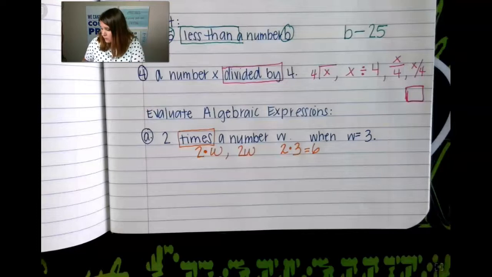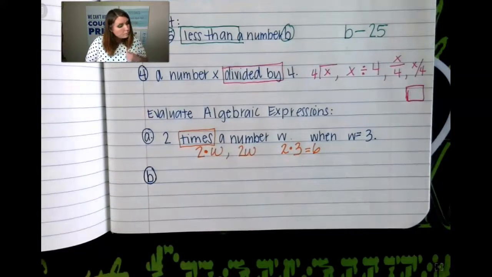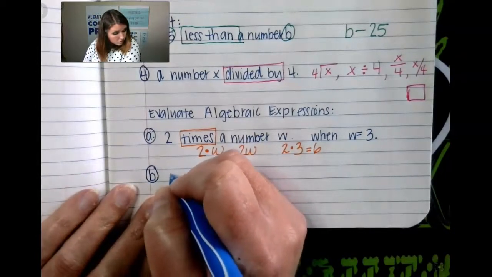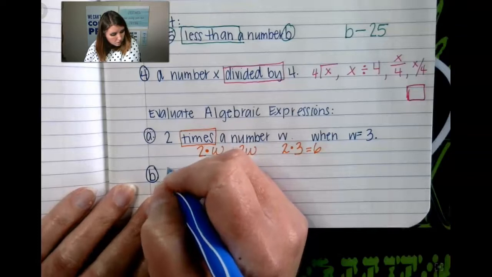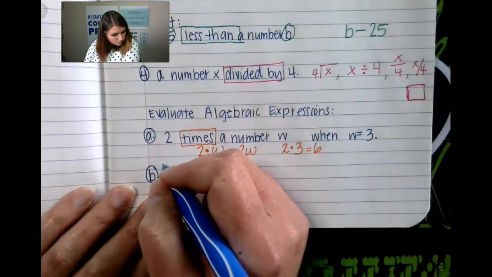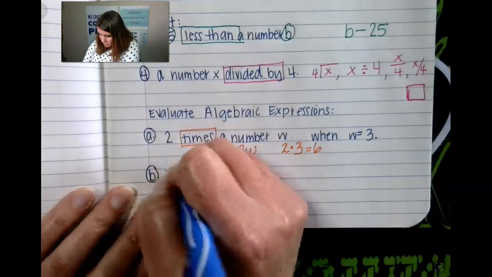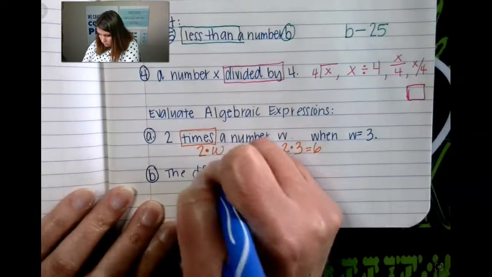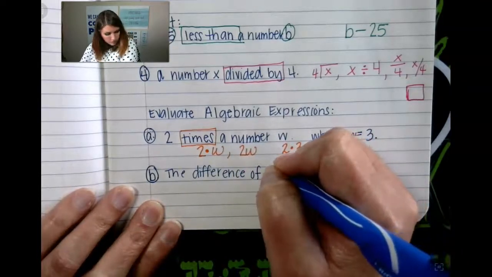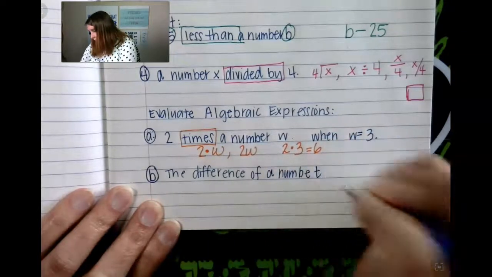Okay, let's do another one. The difference of a number T and 95.